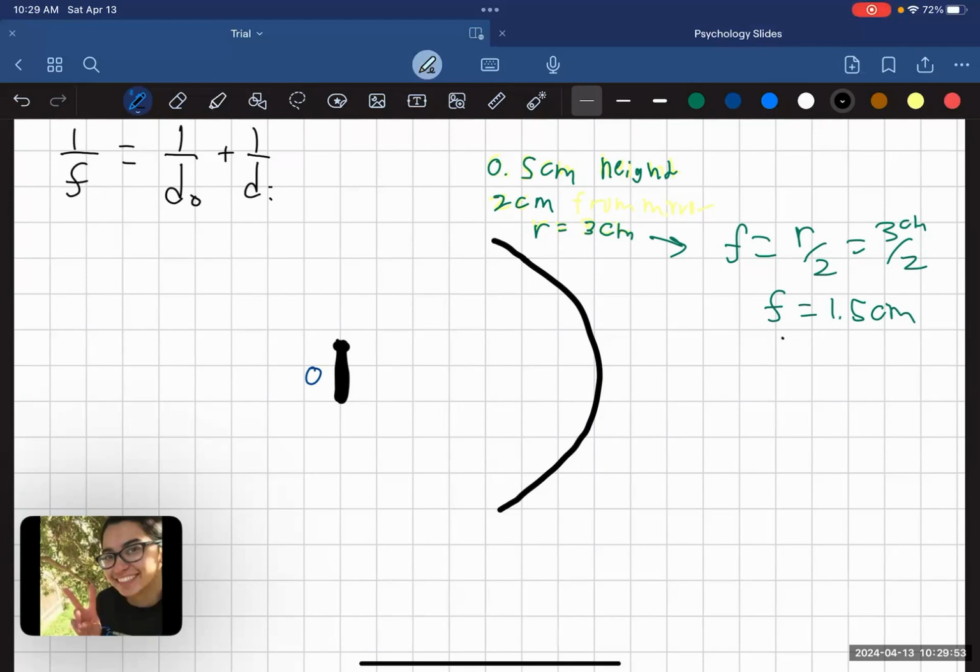And then, can we plug these in yet? Let's see, we have the focal point, and we have our d naught, I believe. Let's draw it in.